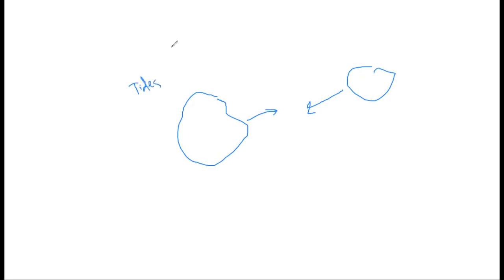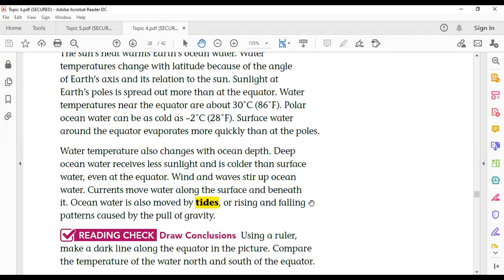So tides are the rising and falling patterns of the ocean. These rising and falling patterns are caused by the pull of gravity. By the way, tides happen every day.